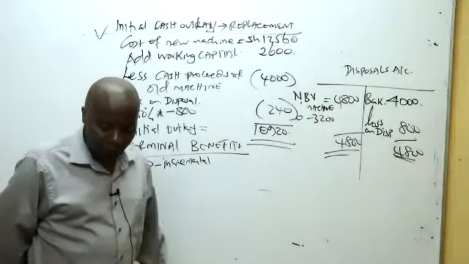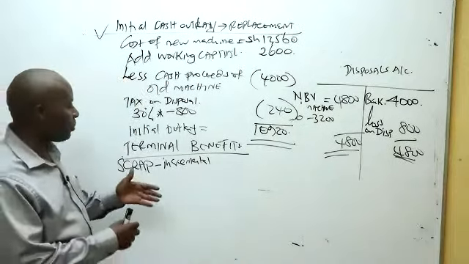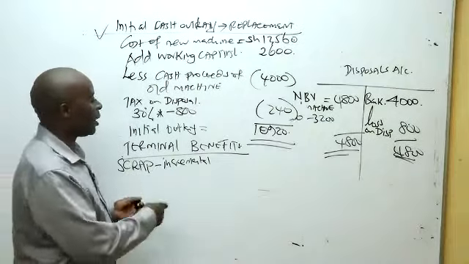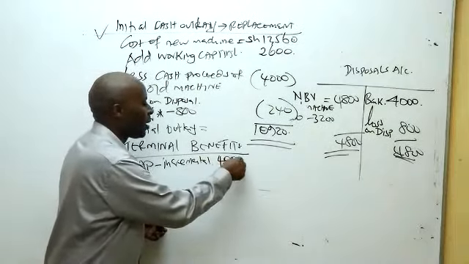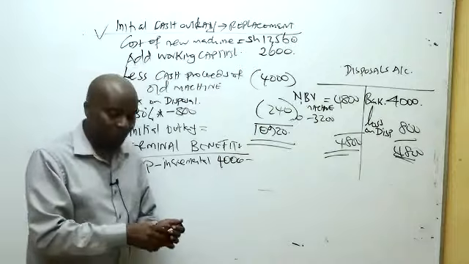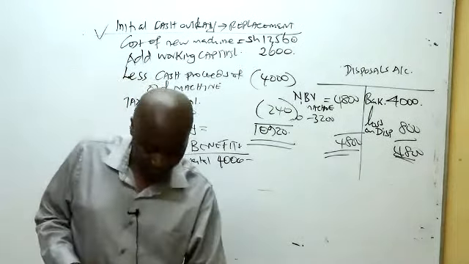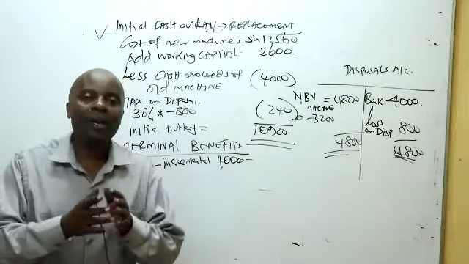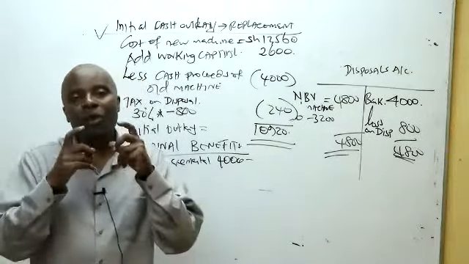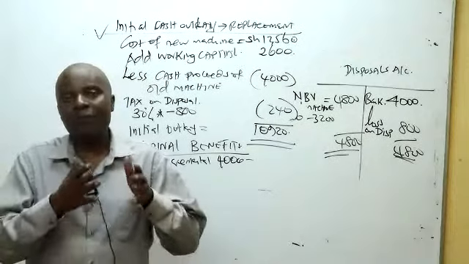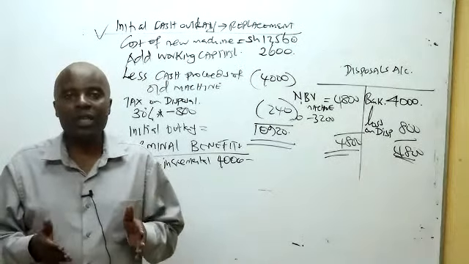So the salvage value of the new machine is 4,000 minus the salvage value of the old machine. Remember, when we took in this old machine for evaluation, after 2 years, they gave us new.